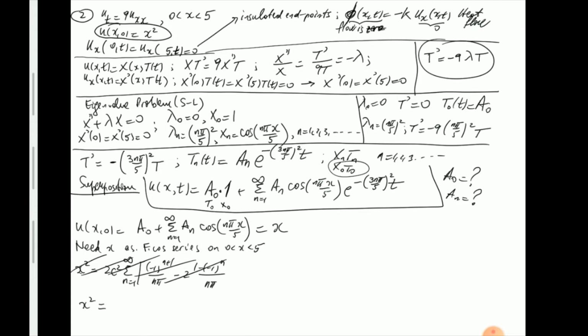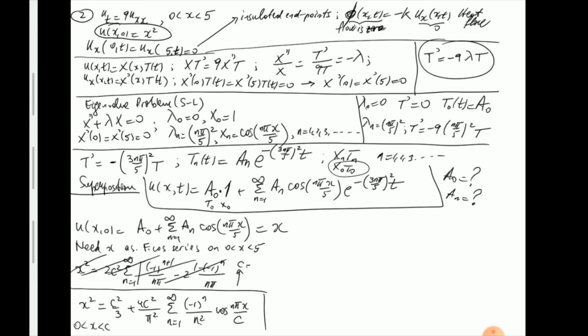So x squared is c squared over 3 plus 4c squared over pi squared, the summation from 1 to infinity, minus 1 to the n over n squared cosine of n pi x over c. So we have this on the interval 0, c.